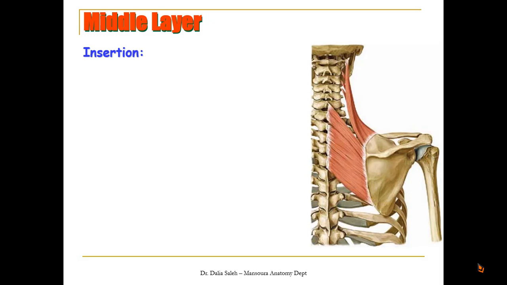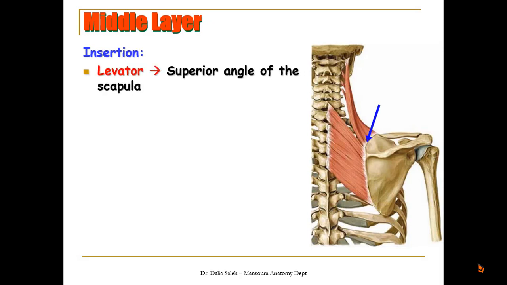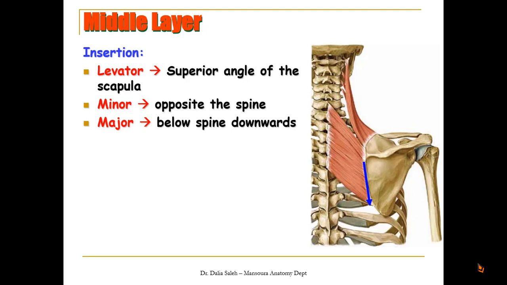For their insertion, the levator scapulae is inserted into the superior angle of the scapula, while the rhomboid minor is inserted into the medial or vertebral border of the scapula, opposite its spine, and the rhomboid major also into the medial border of the scapula but below the level of the spine.